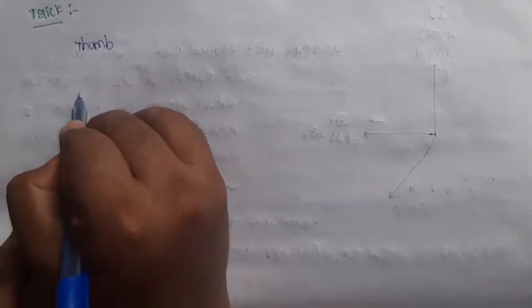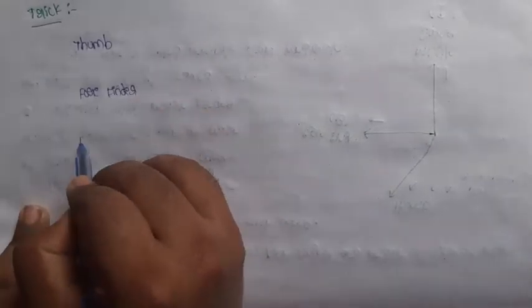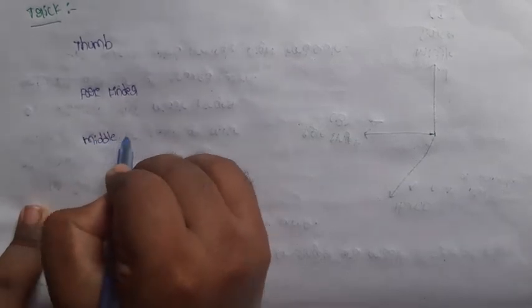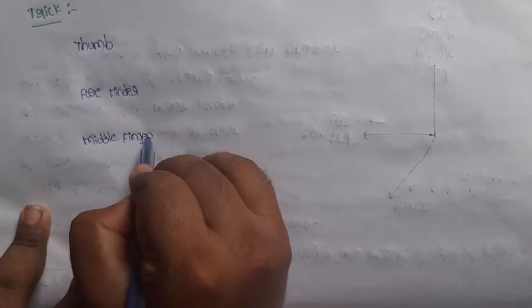First one is the thumb finger, second one is the forefinger, third one is the middle finger.